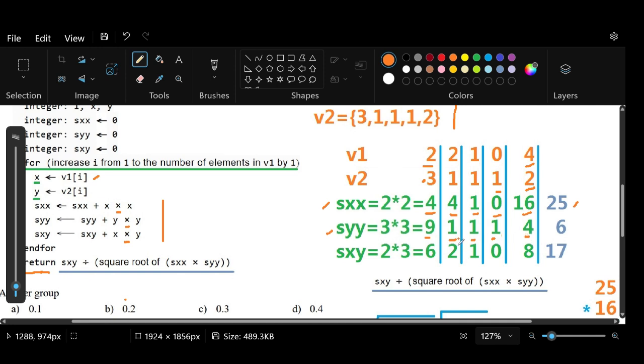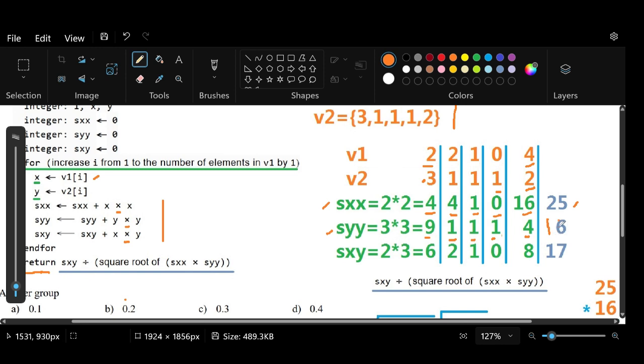That's 9, 1, 10, 12, 4, and that's where we get 16 here. Is that right? 9, 10, 12, and then 4, so 16. So this is supposed to be 16.